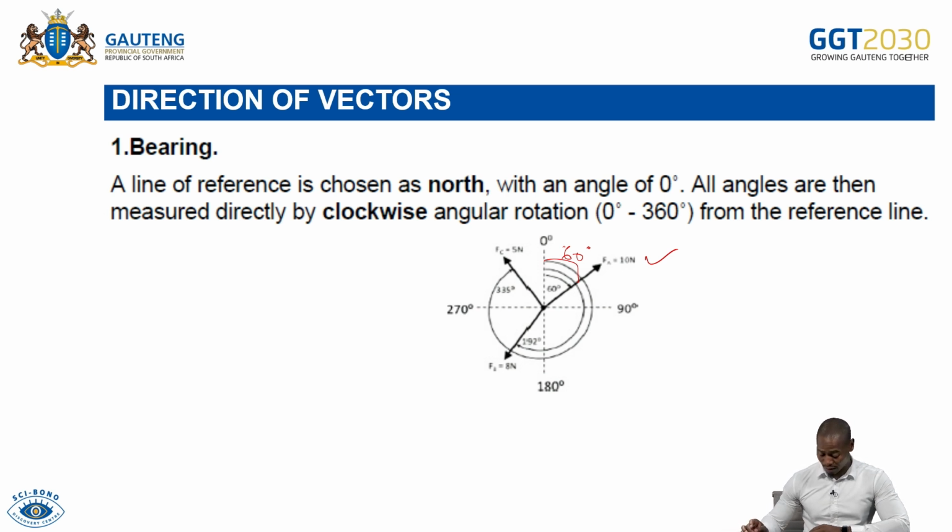Let me just check something here. 292 minus 180, so not 292, but it's 192. 192 minus 180, which means that from 180 to this force, it's actually 12 degrees. Yeah, that is the angle. So let's check this one: 335 minus 270, so here I'm having 65.